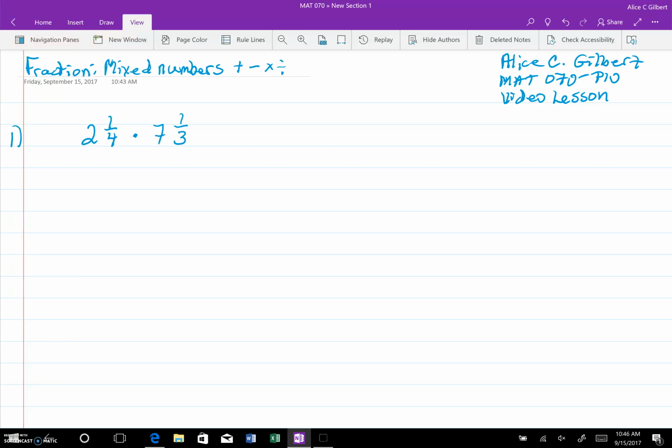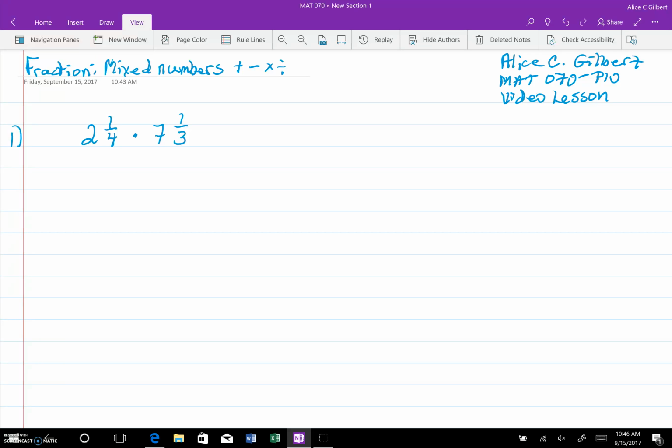If you have a problem that does not have any mixed numbers in it, then when you get your final answer, just leave it in fraction form, even if it is an improper fraction. Just make sure that everything is in lowest terms, completely reduced. So I'm just going to do several examples here to show you how this works.